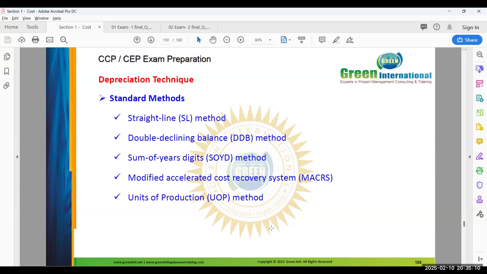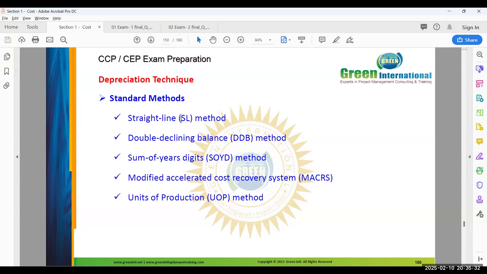For depreciation, there are different techniques: the straight line depreciation, double declining balance method, sum of years method, modified accelerated cost recovery method, and units of production method. Normally we'll use the straight line method.